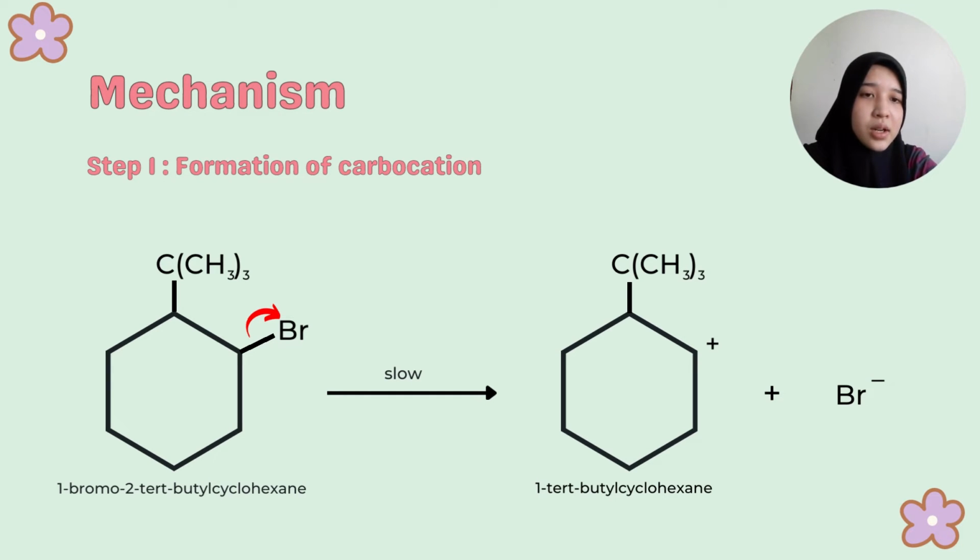So the bromine here will attract all the bonding electron to itself, in which cause the bond between carbocation and bromine to break. So since this reaction involves bond breaking, the reaction rate for this reaction is low, and it will form 1/3 butyl cyclohexane and bromide.